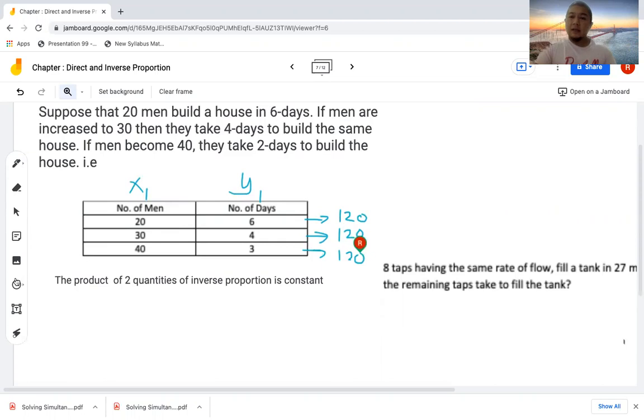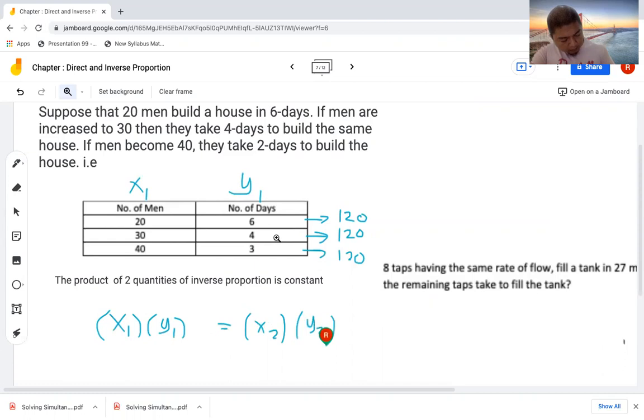Suppose that these values, 20 and 40, represent our x sub 1, y sub 1. And if we multiply them, and we have 30 and 40 as x sub 2, y sub 2, you will understand that multiplying their values will automatically give you the same answer.